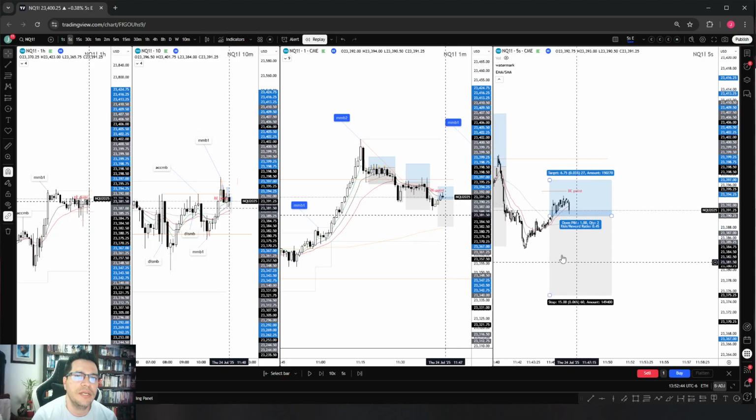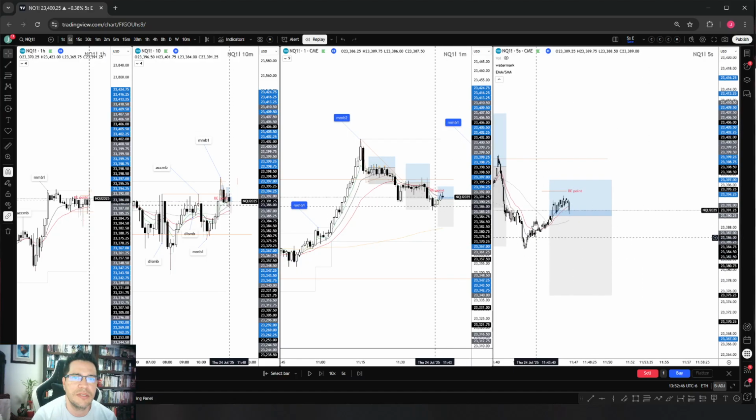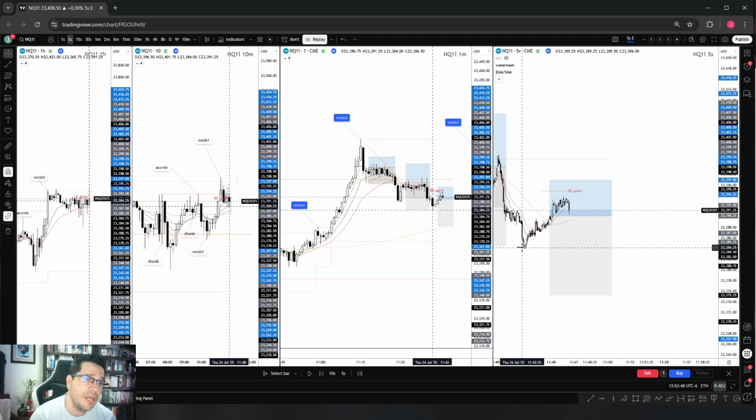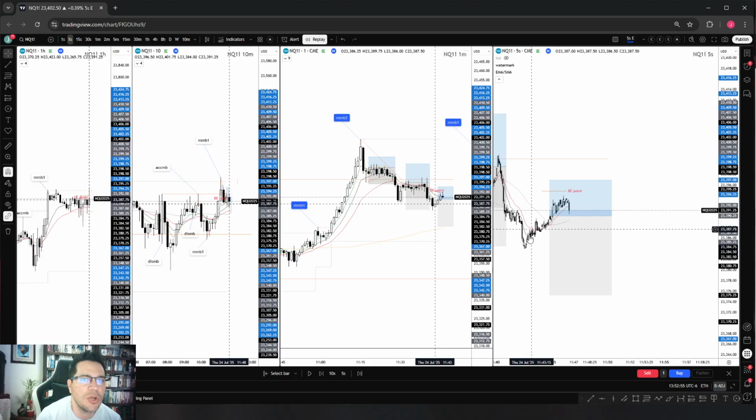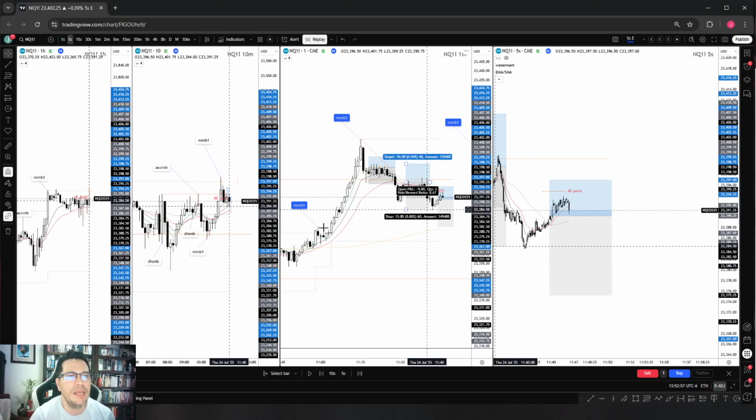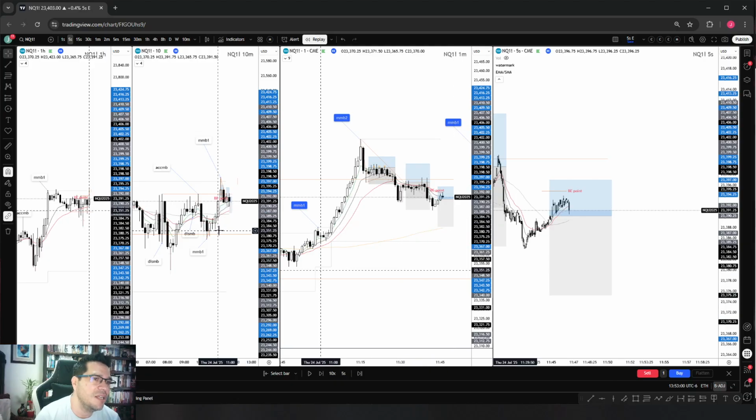Again, why did I do that? Because I saw this, basically this double MB here, which again wasn't supported by the validation time frame. I just was basically in hopes of a reaction from here based on the context time frame.